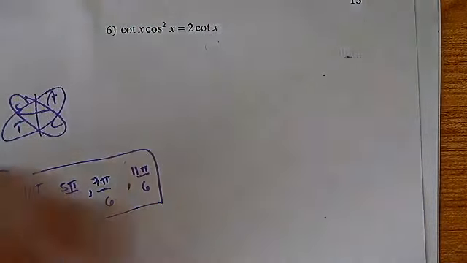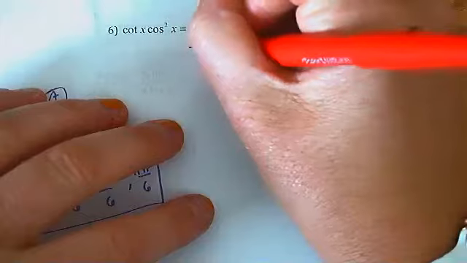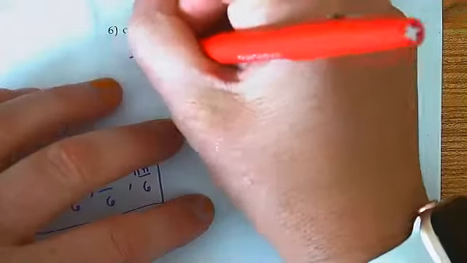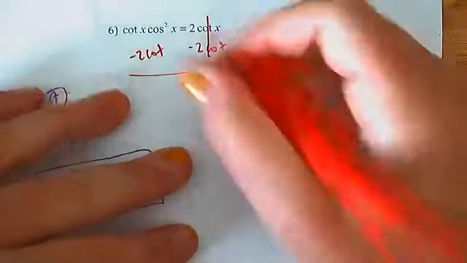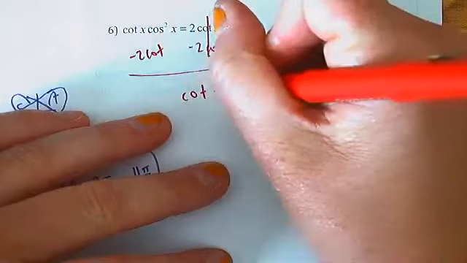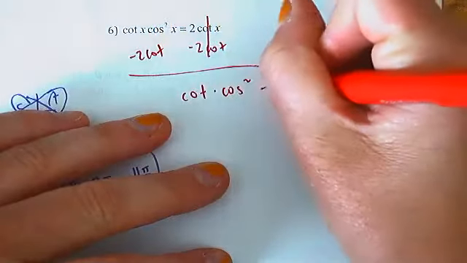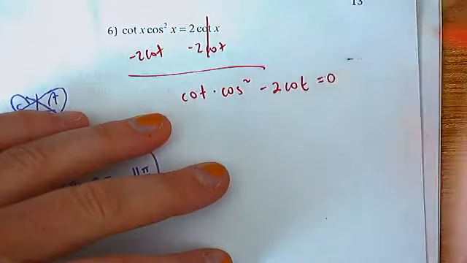So instead, let's bring everything to one side. Okay, so this gives us cotan times cosine squared minus 2 cotan, and that equals 0.